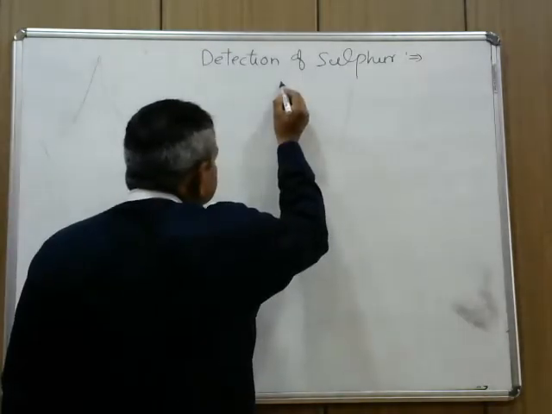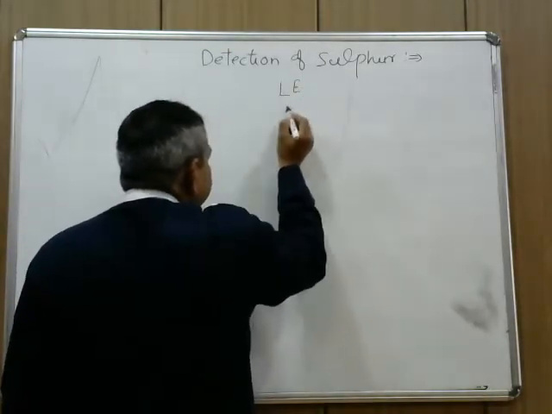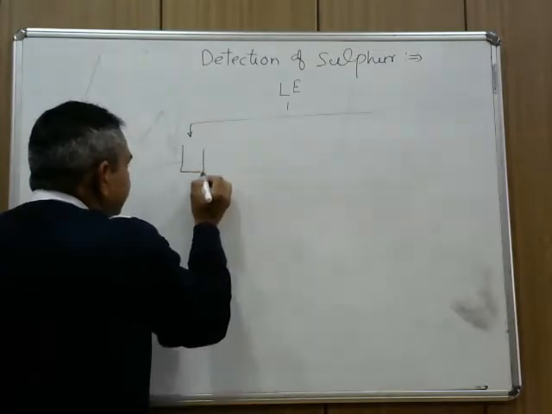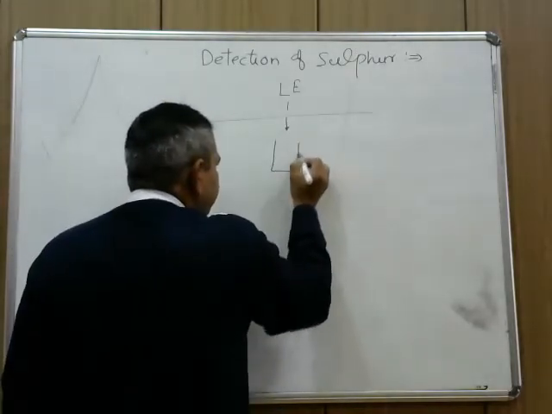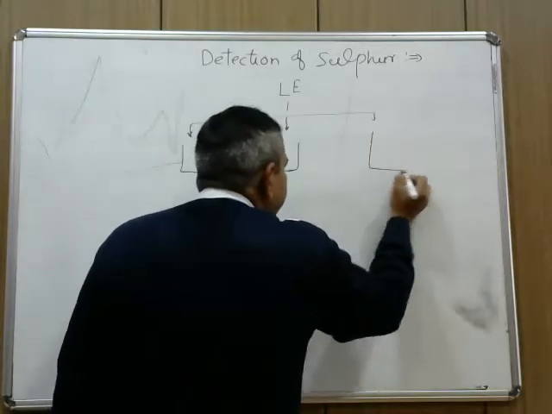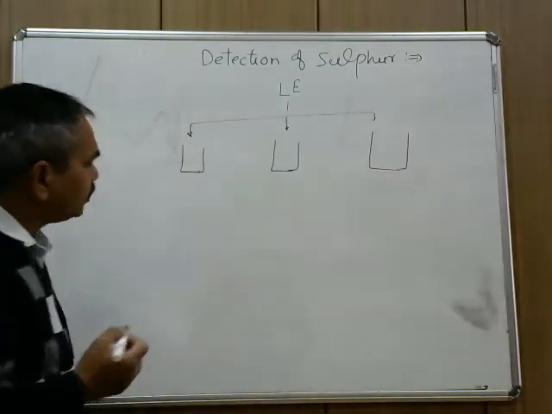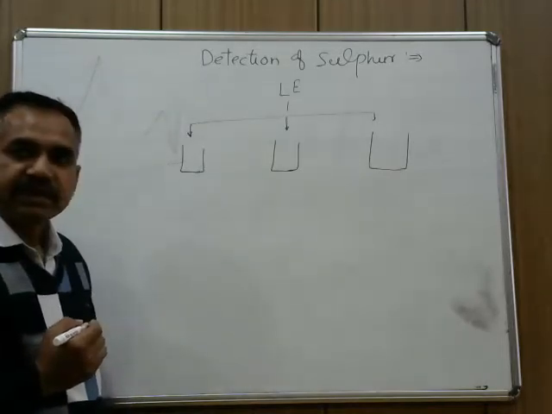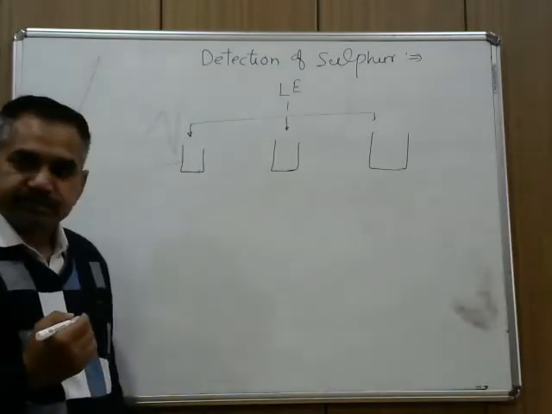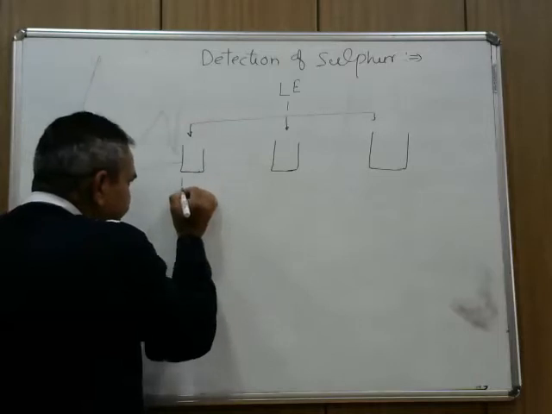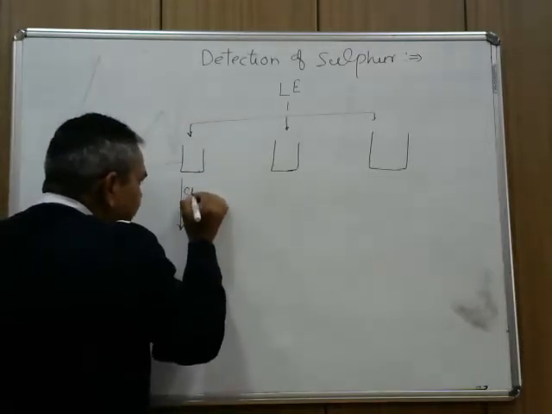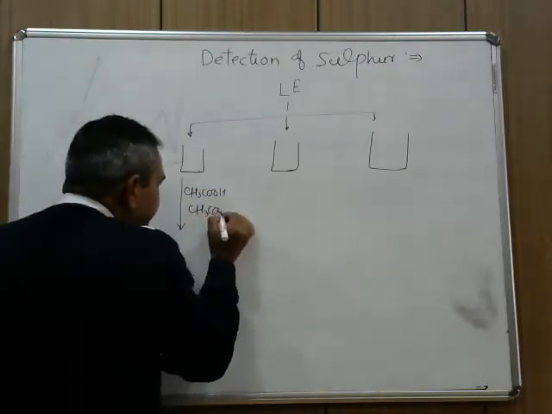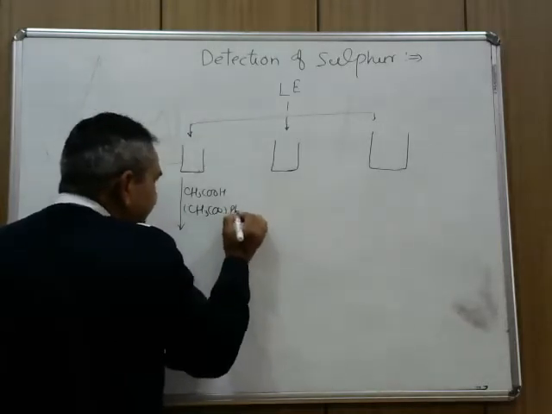Lassaigne's extract is taken and divided into 3 different test tubes, about 2 ml of Lassaigne's extract in each test tube. Now to this test tube acetic acid and lead acetate is added.